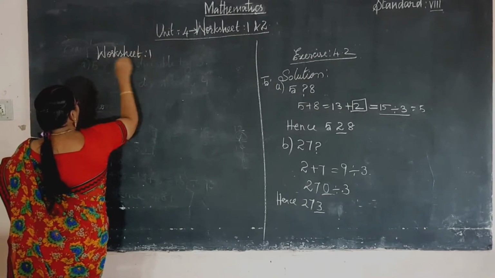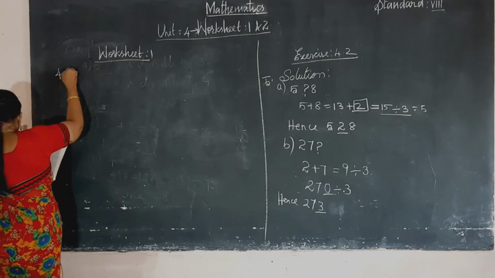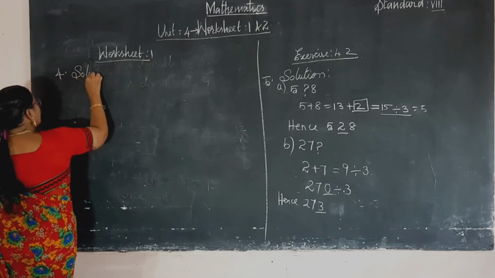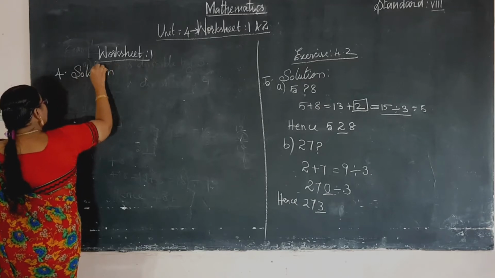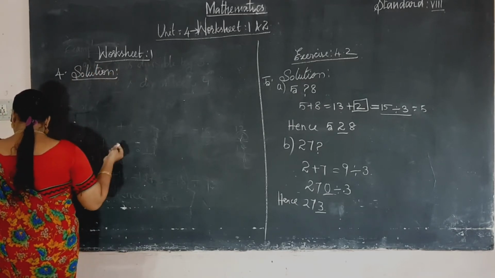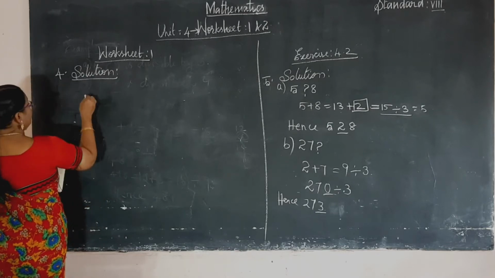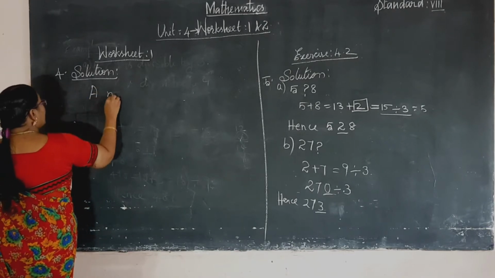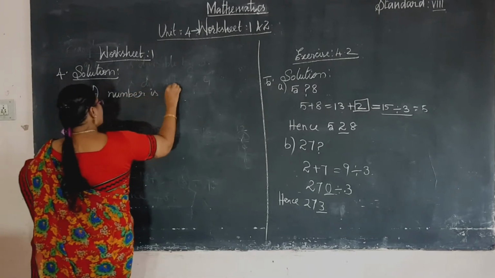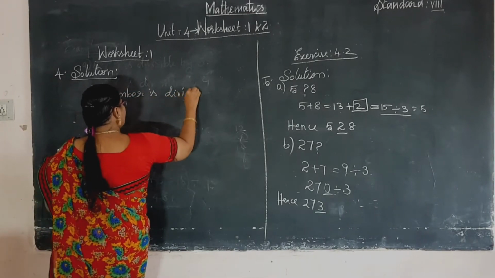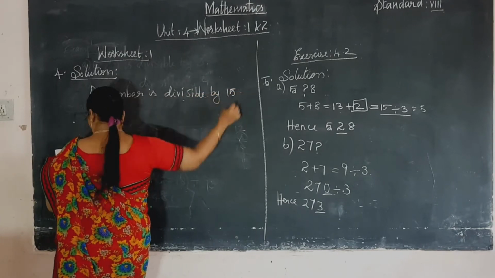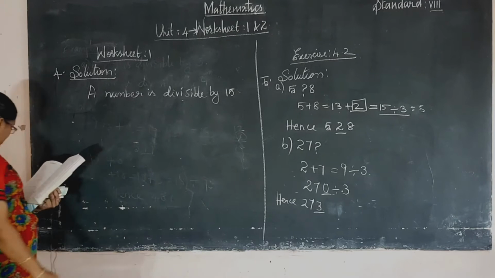Worksheet 1, fourth problem. A number is divisible by 15.